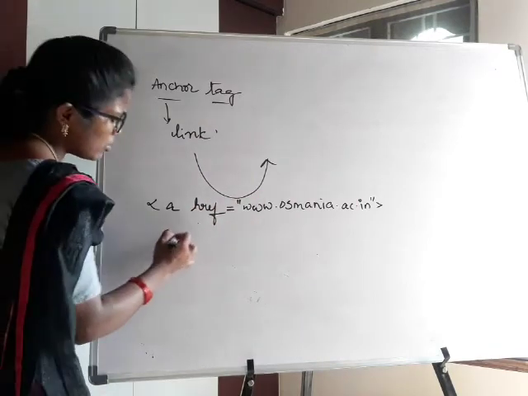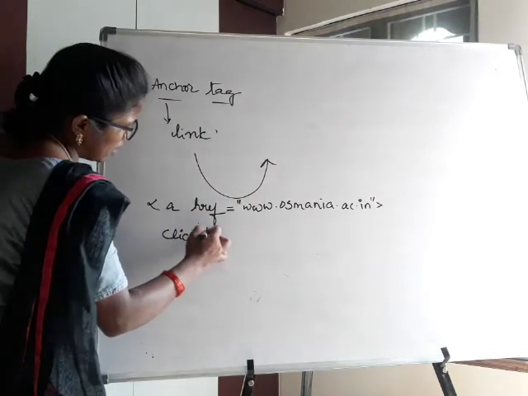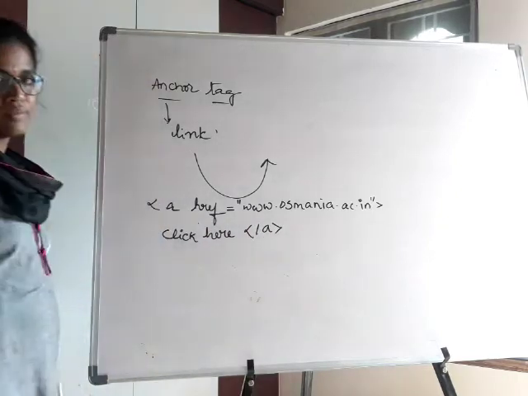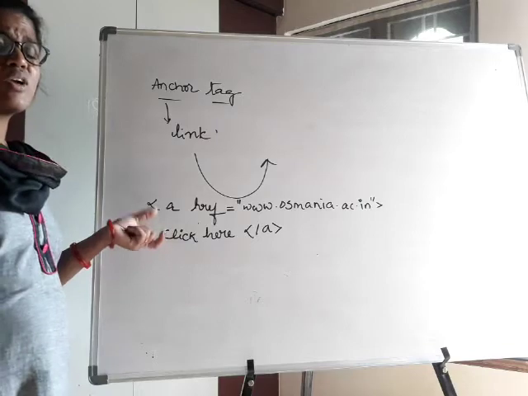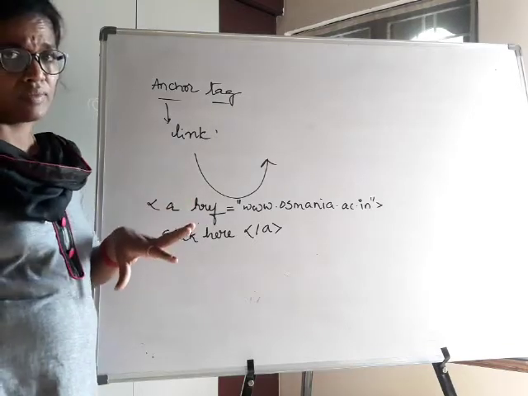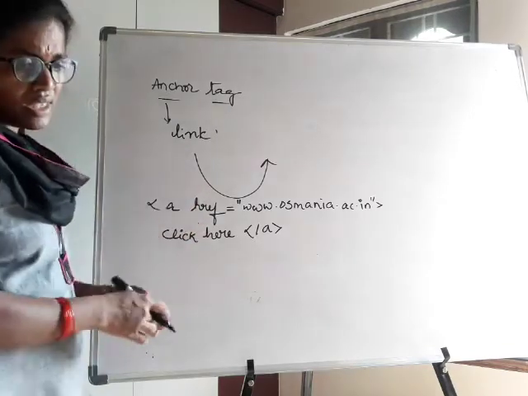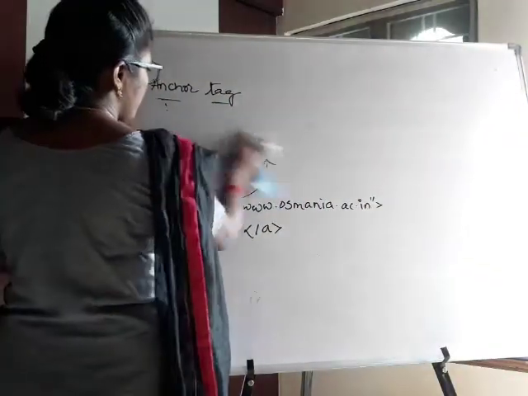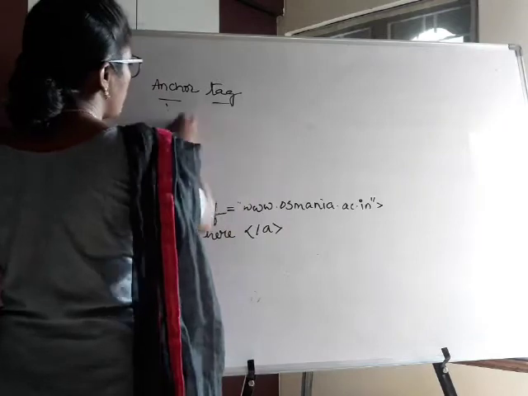So after this, what do I have to write? Click here. Any text I can write here, and I have to close the anchor tag. So this is the closing of anchor tag. So the output, I'll just show you. I'll make it into a program. You can make it into a program.